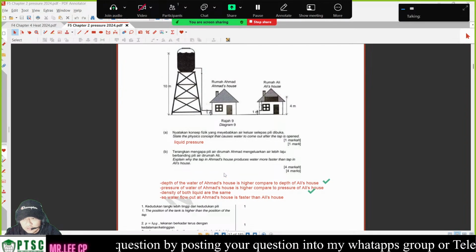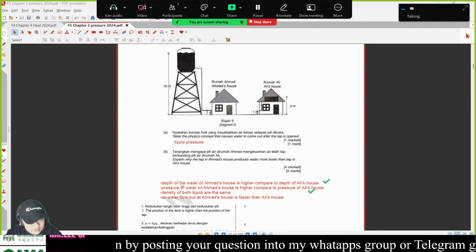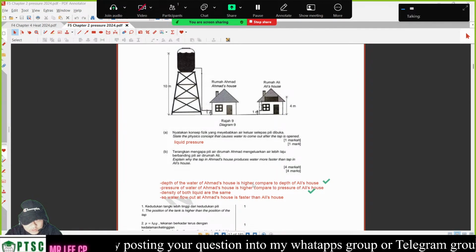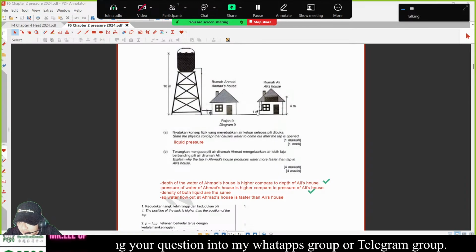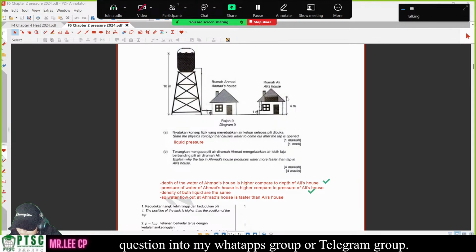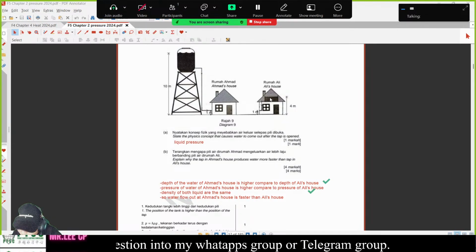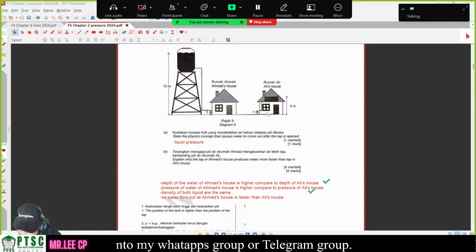Now you know this kind of question is liquid pressure, right? So the depth of the water at Ahmad's house is higher. At Ali's it is 4 minus 1, it is 3.